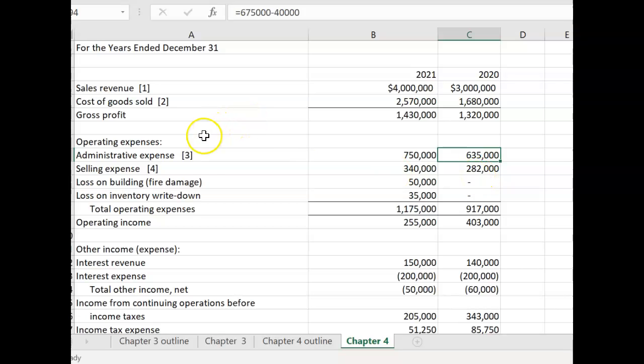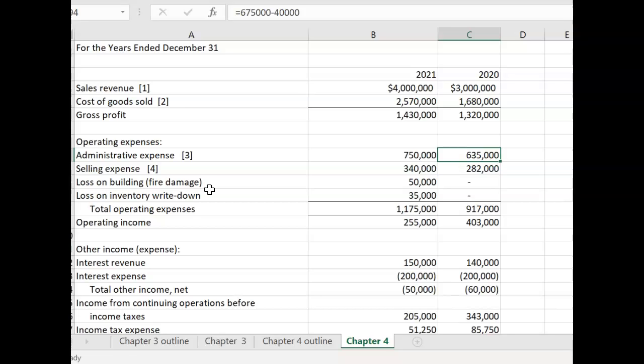Now, as we spoke in class, these are permanent expected accounts, administrative expenses and selling expenses. However, we also include unusual items, and it's on a separate line because we want to point out to the readers of the financial statements that the following two line items on the income statement are unusual and temporary.